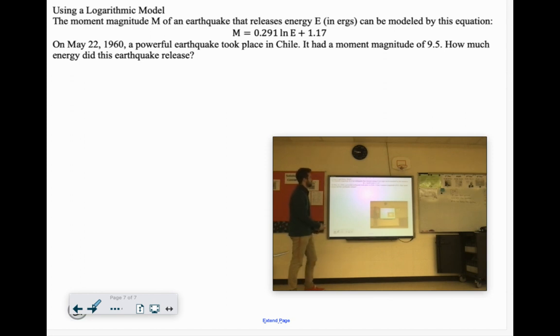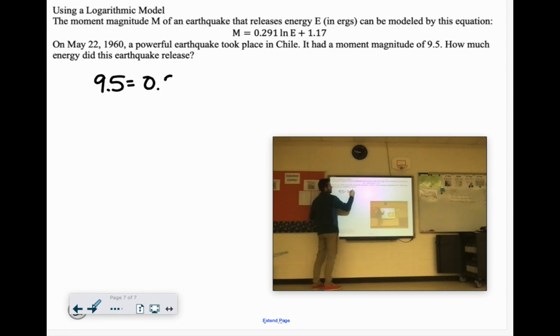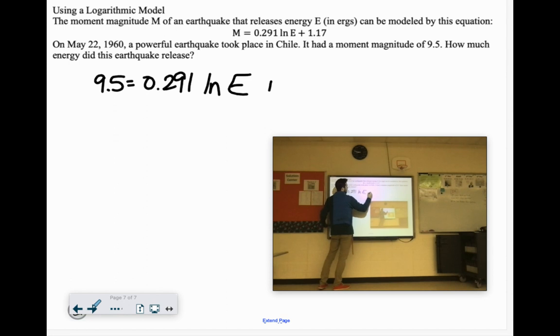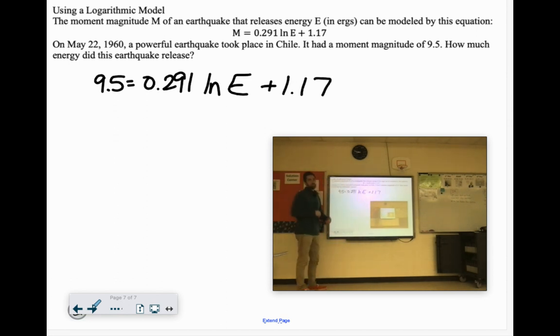Okay, so 9.5 equals 0.291 ln E plus 1.17. Remember, the natural logarithm still goes with the same rules as our typical logarithms. So we're going to subtract 1.17 from each side.